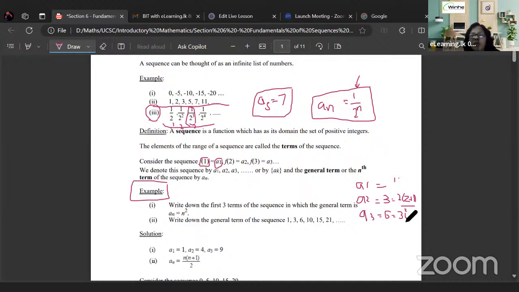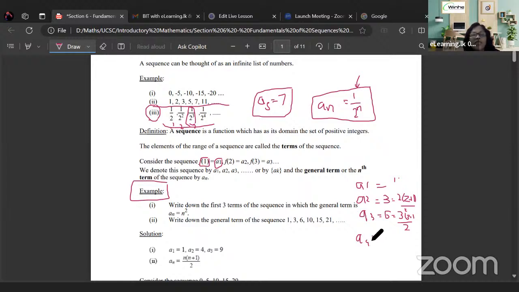This part you can write 3 into 3 plus 1 divided by 2.